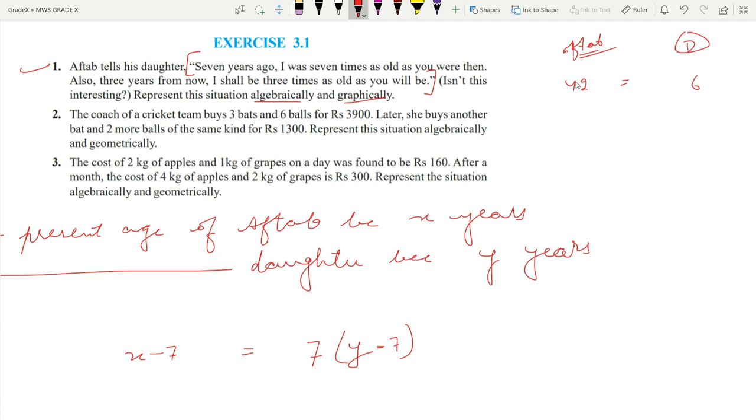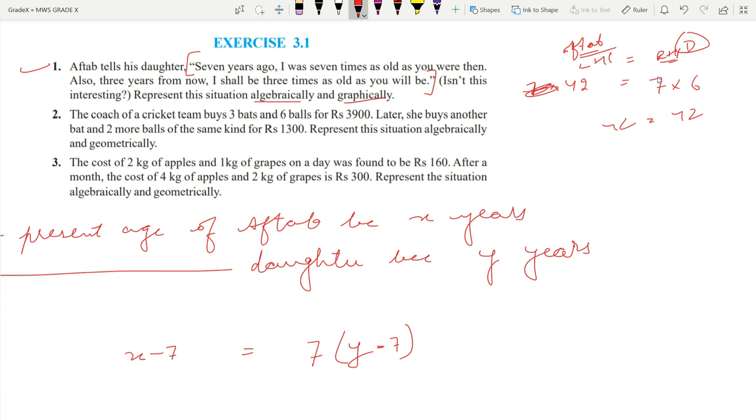Is this equation equal? No. 42 is equal to 6, really? No. If you multiply here by 7, will the equation become equal? Yes. So where do we have to multiply? Always we have to multiply the other side. 7 times 6 is 42. Now we can say that these two things are equal. LHS should always be equal to RHS. To make this equation, we need to multiply the other side.